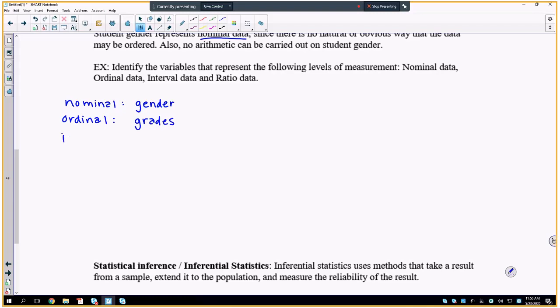Interval data, something like years, because we have ordering, which came first and which came later. And we can do some subtraction, like the number of years from 1066 to 14 whatever. But we can't multiply or divide. That doesn't make much sense.